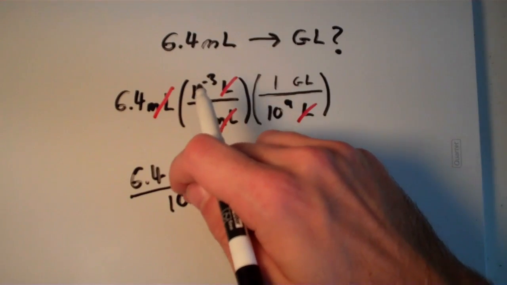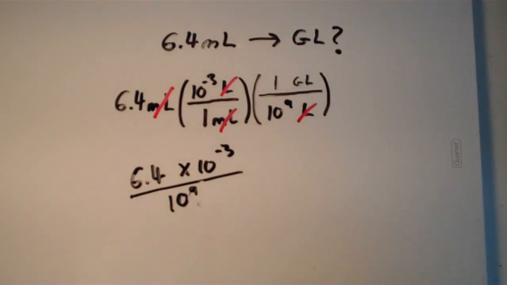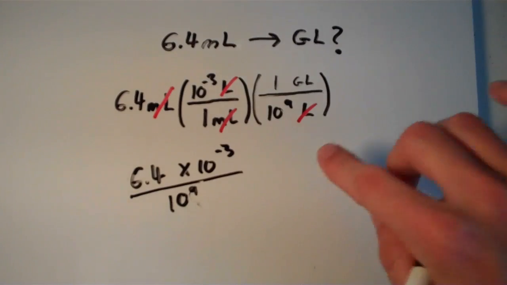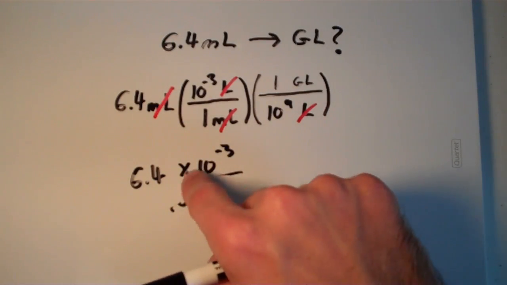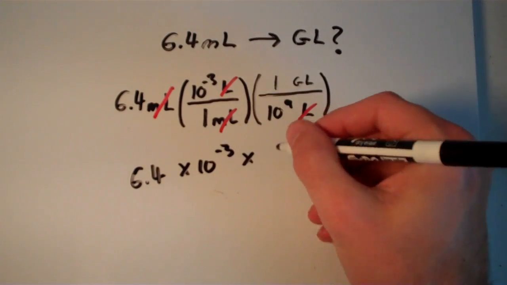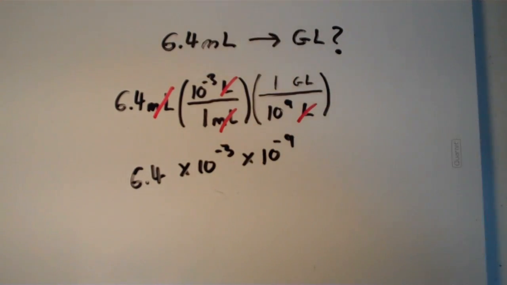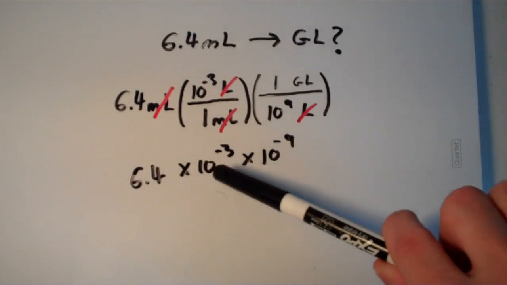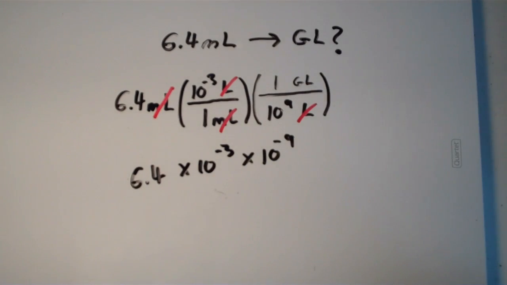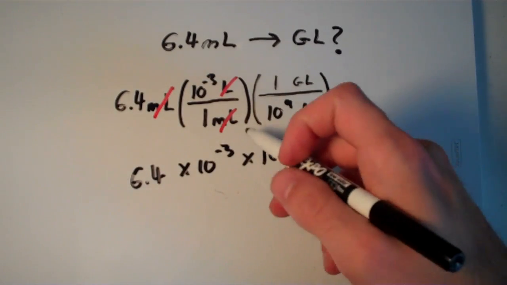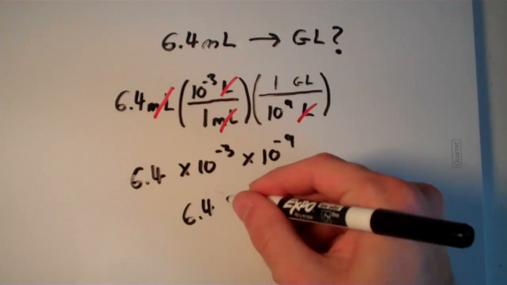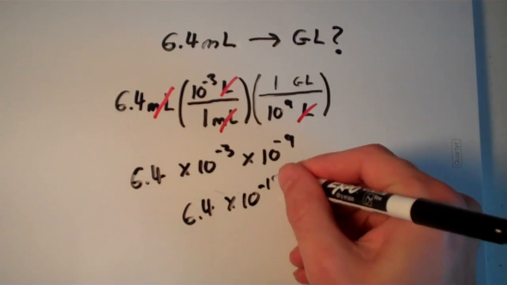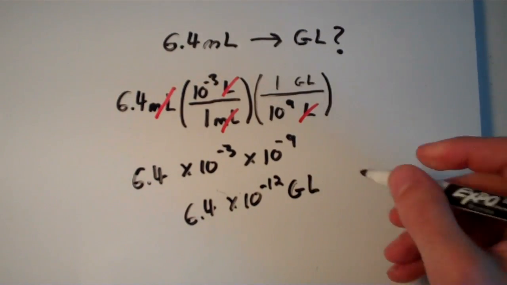That's the same thing as saying 6.4 times 10 to the negative 3 times 10 to the negative 9. And since these two bases are both 10, we can simply add together these exponents. Negative 9 plus negative 3, that's negative 12. So our final answer is 6.4 times 10 to the negative 12 gigaliters.